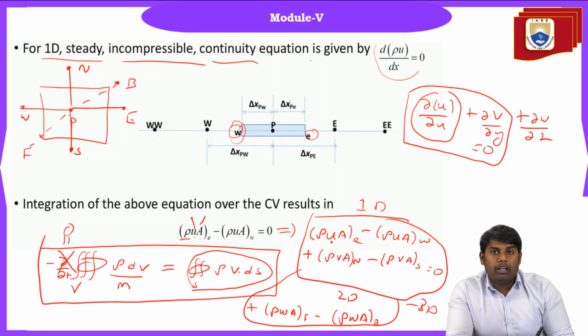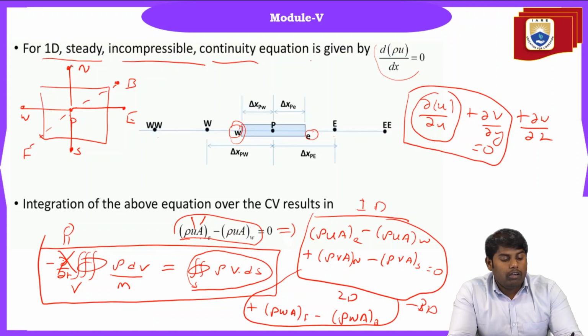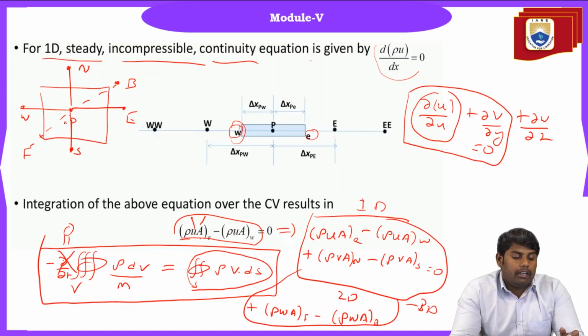So here, when we see the finite volume formulation for the continuity equation for 1D, we have only this equation. For 2D, additionally, we have north and south. For 3D, we have additionally front and back. Okay, so this is for the continuity equation, which is the 1D steady equation. Fine.